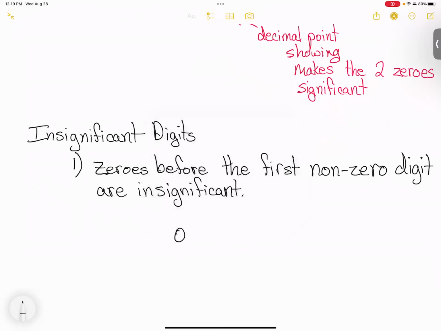An example is 0.000680. Don't even start counting your significant digits till you get to a non-zero digit. So I'm not even going to look at what's to the left. I'm going to start counting my significant digits at the 6. And in this case, there is 3 significant digits.